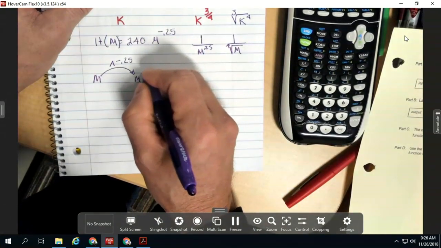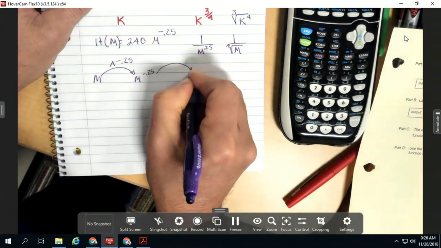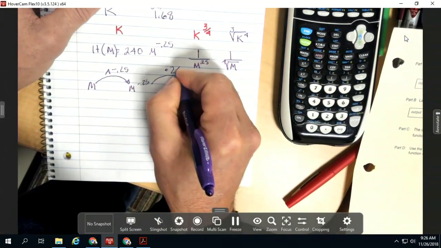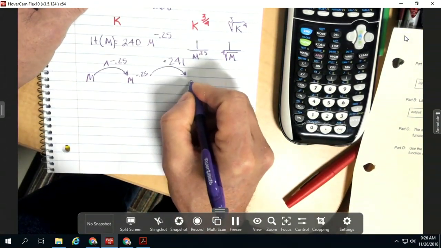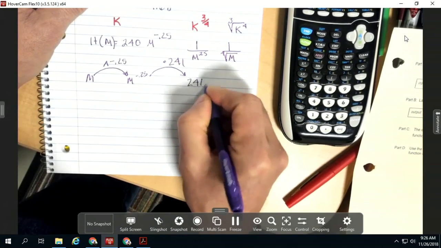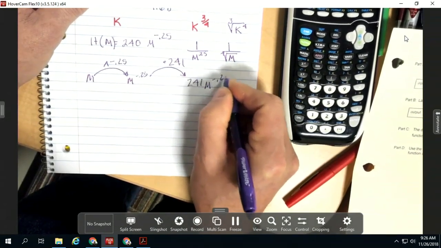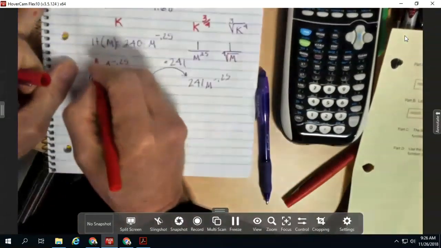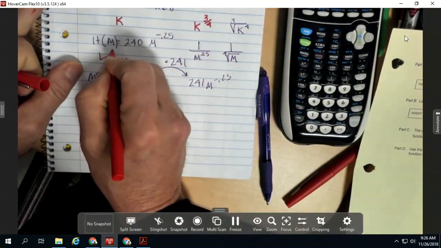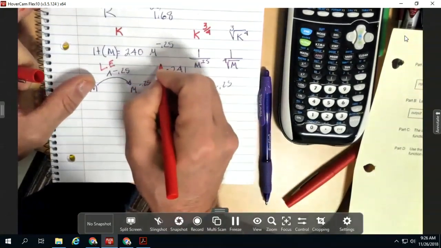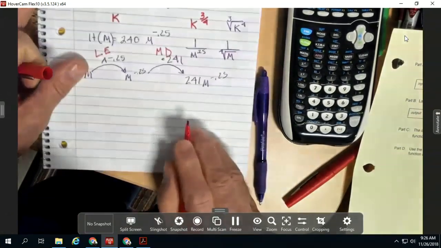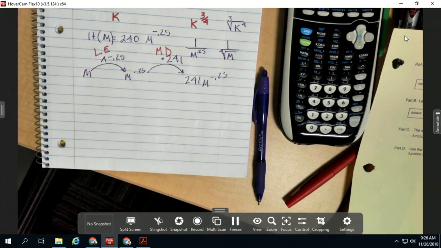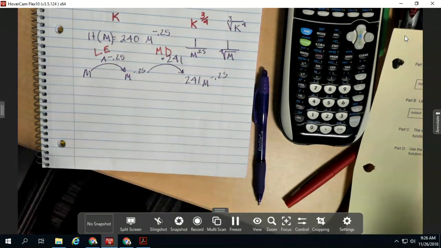Then what do we do? Take that times 241, and we get 241 m to the negative 0.25. Remember, you always do logarithms and exponents first, then multiplications and divisions. Notice we don't have any additions and subtractions, so we don't need to do that step.